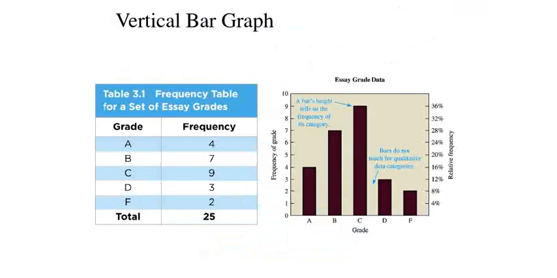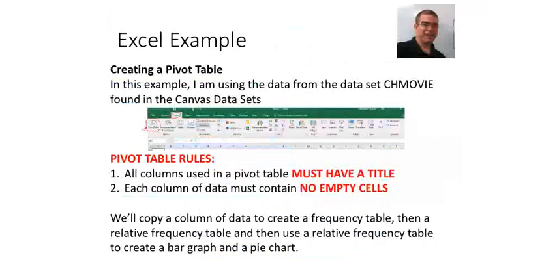Now, one of the things that we like to do is create vertical bar graphs that very often represent these grades, and here we can see in the ranked data that the C's are highest, and it gives you a good visual representation of that. A bar graph is known for giving you this kind of information. What we're going to do is try this out in Microsoft Excel.